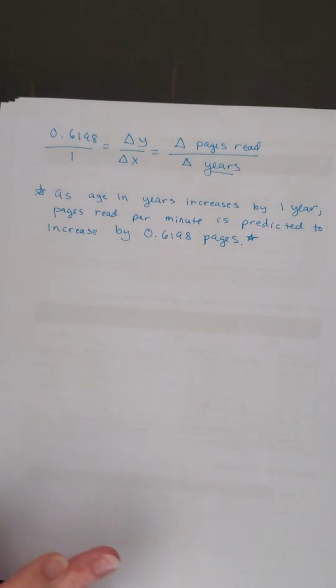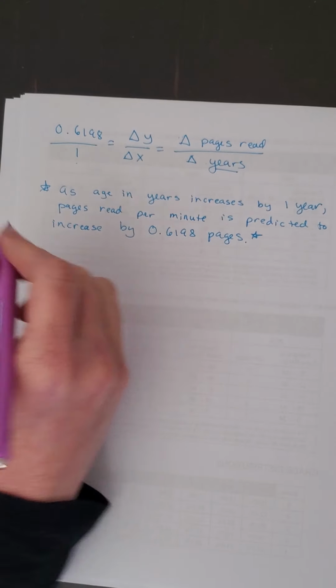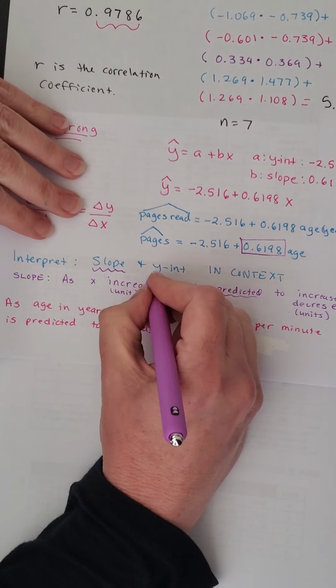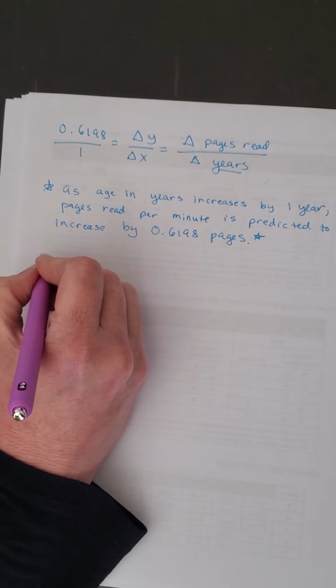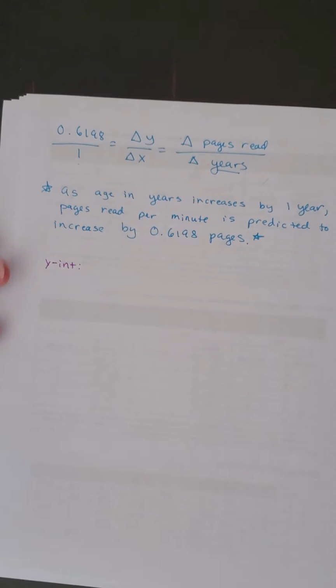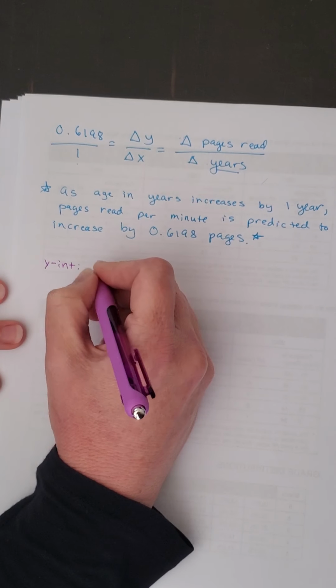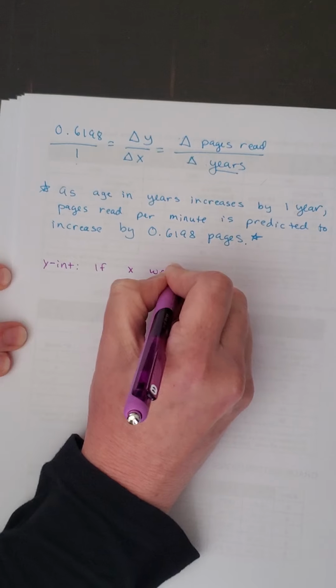Okay, now let's talk about the y-intercept. So when we interpret the y-intercept, I'm going to go back to here. Interpret the y-intercept in context. We want to say something about what the predicted y would be if x were 0.